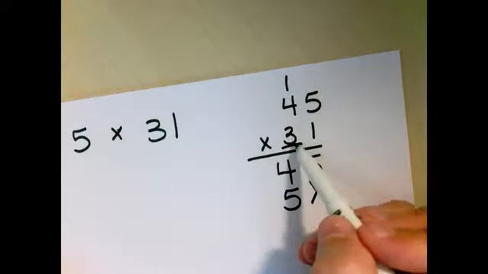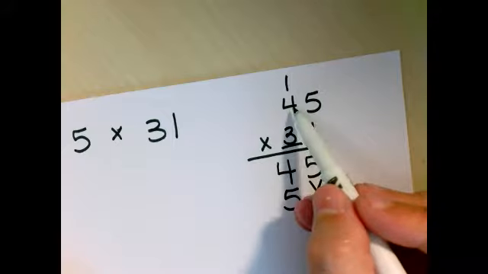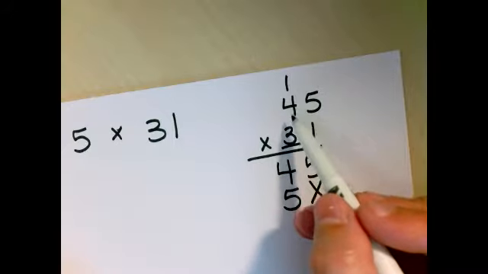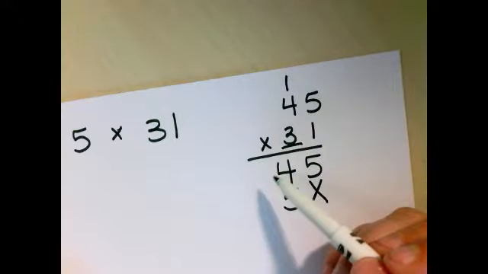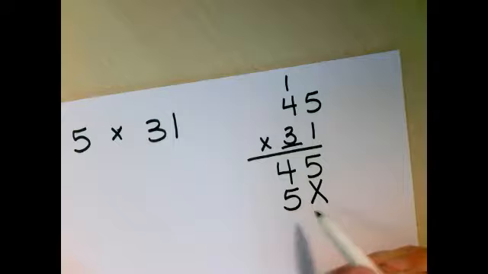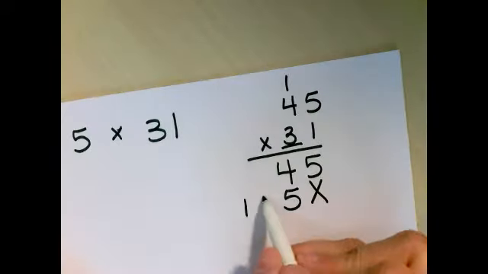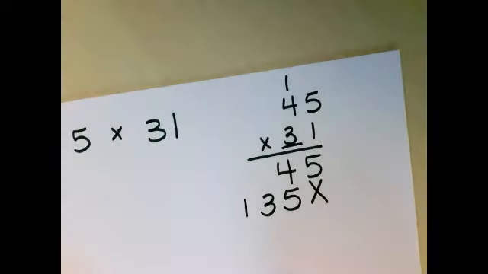So then 3 tens times 4 tens, that's actually saying 30 times 40. And then adding in one more 10, so that gives us 13 tens. So that's actually 1 thousand and then 3 hundreds.